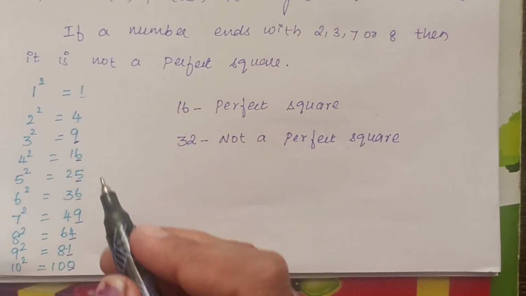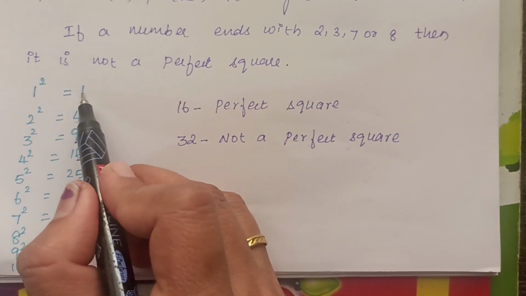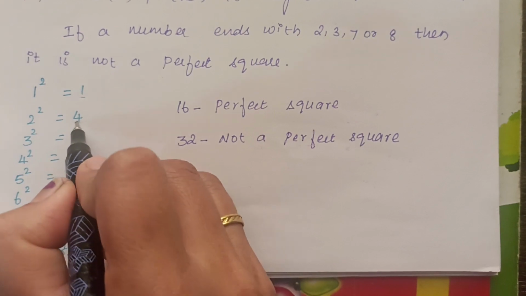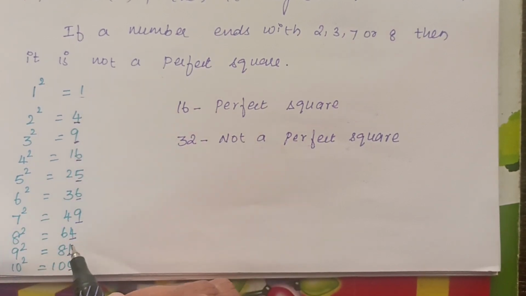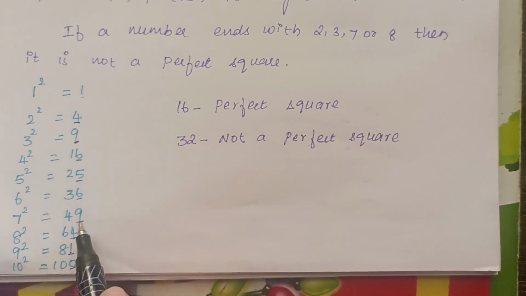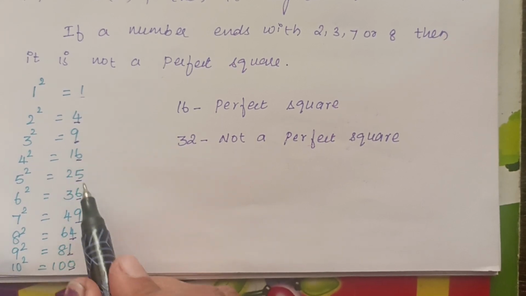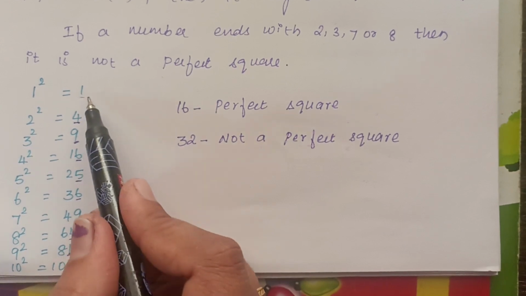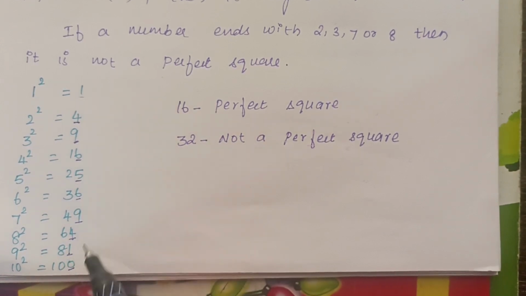So if we see here, we have 1, and again this 1 is repeating here. Here we have unit digit 4, here we have 4 and here we have 9. Similarly here 9 is repeating, 6. Here also 6 is repeating and here we have 5. If we see, the same numbers are repeating: 0, 1, 4, 5, 6, 9.